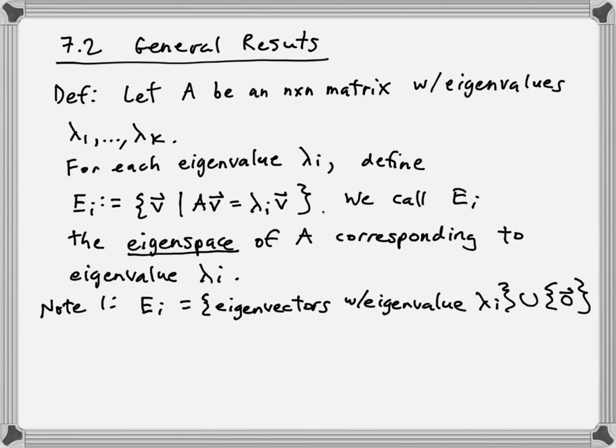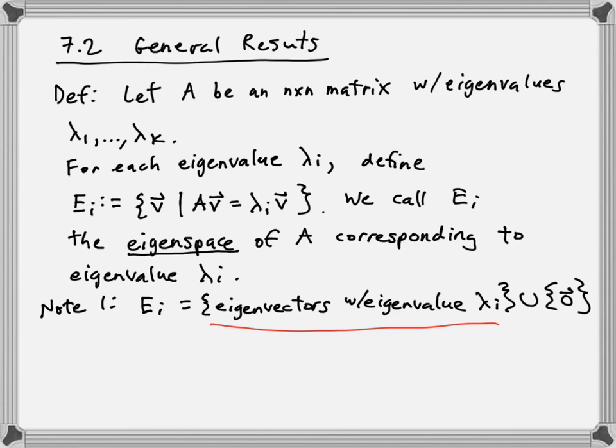Okay, so in 7.1 we were finding this first set, but we were always excluding the zero vector. But for the eigenspace, we do include the zero vector. Why would we include the zero vector? Well, because that actually turns it into a vector space, right? We cannot have a vector space without the zero vector.